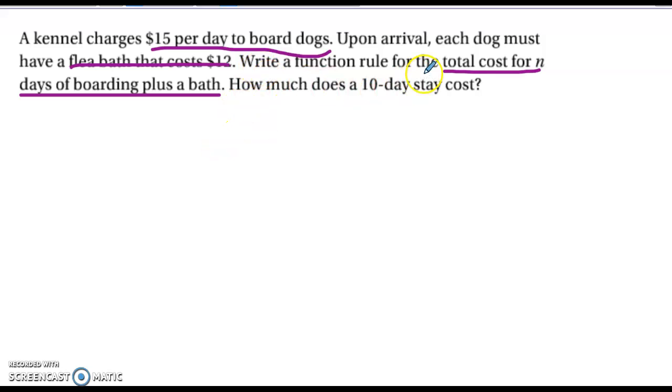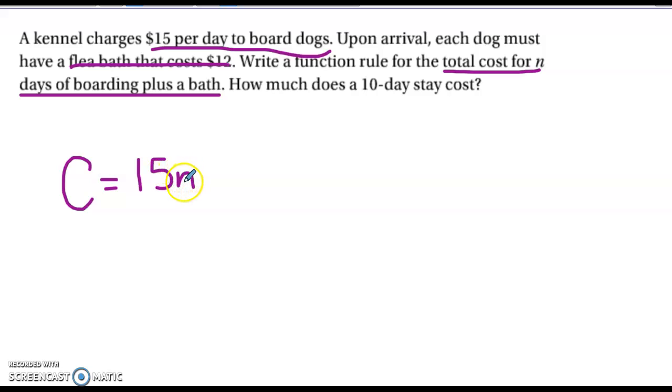So we want a function rule for the total cost, right? So we can call the total cost C. So C equals, based on the number of days, n. So we're going to have n. Well, it's $15 per day plus that $12 flea bath. Now, they only had the flea bath once, right? So $15 per day would be 15n.